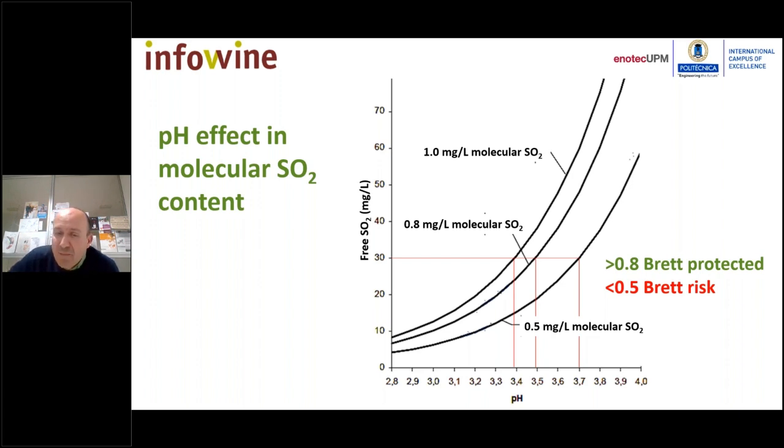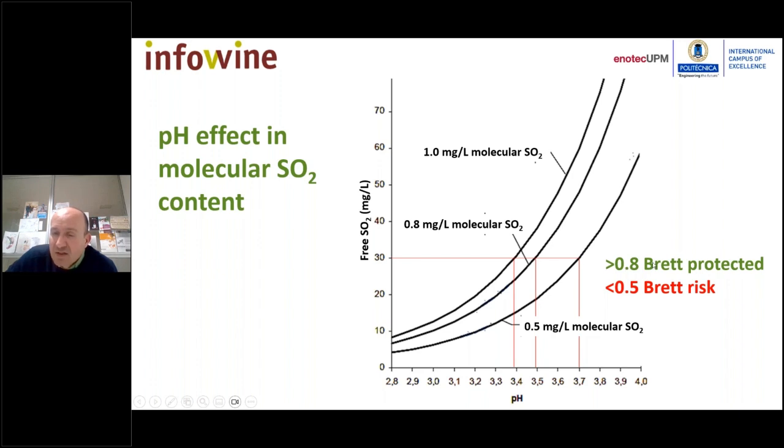So with the same amount of free sulfur dioxide that we many times said is a suitable dose, 30 milligrams per liter of free sulfur dioxide, if the pH is 3.5, the level is around 0.8 milligram per liter of molecular sulfur dioxide.